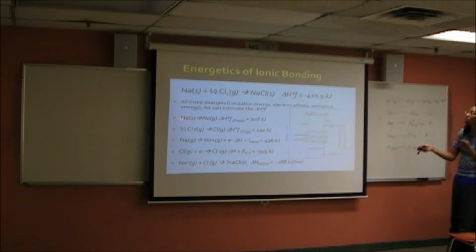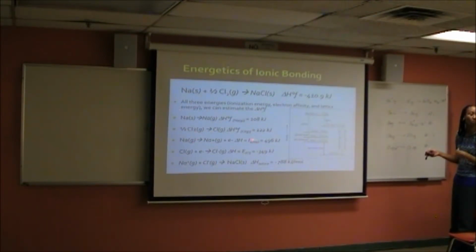Sublimation for sodium solid to sodium gas is 108 kJs. Your ionization for sodium gas is 496 kJs. You need half a mole of chlorine gas.